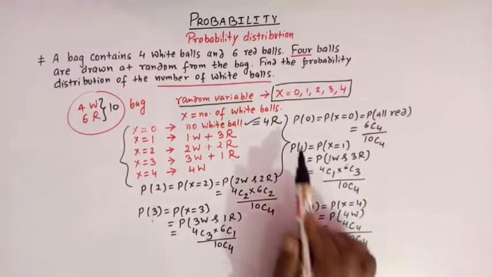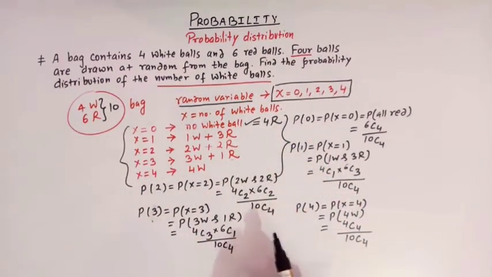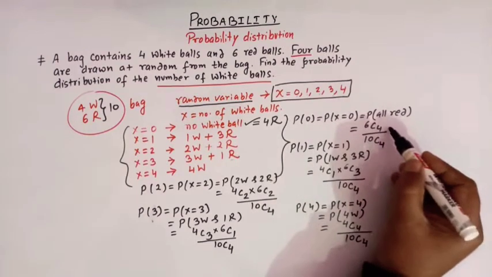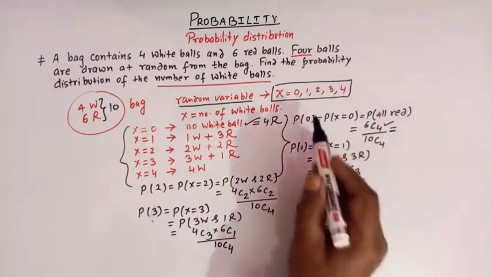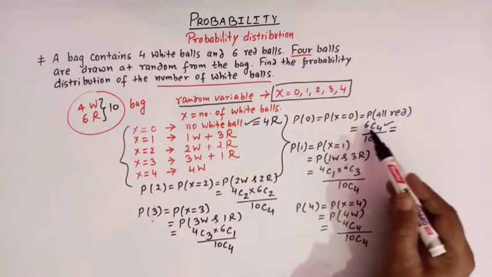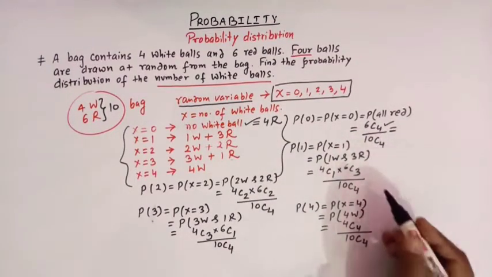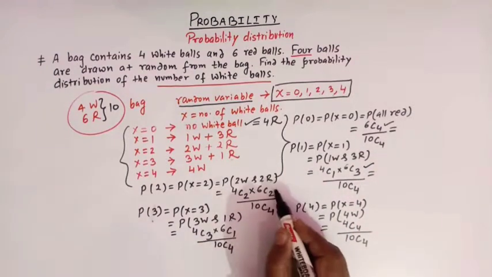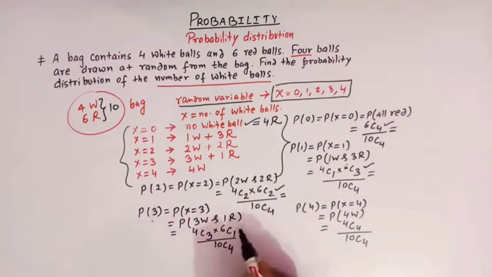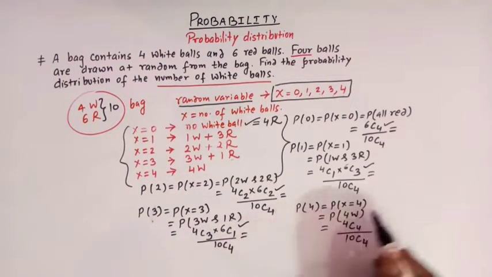So this is the situation, and now we have to solve these 5 quantities, that is 6C4 over 10C4, then this one, then this one, and then this one, and then this one, right?